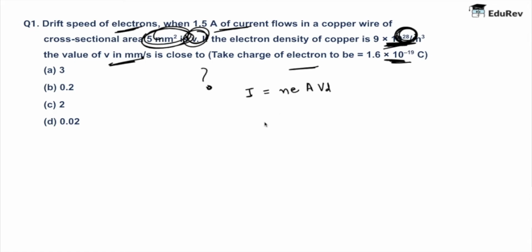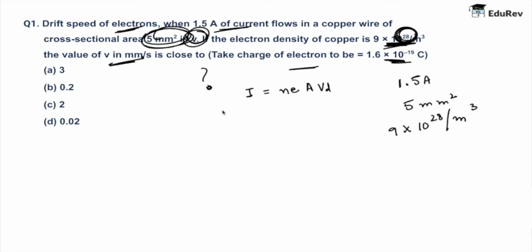Now we have been given the current, that is 1.5 amperes, and the cross-sectional area is 5 mm². And the electron density is 9 × 10^28 per meter cube. So now we will put this into the equation.